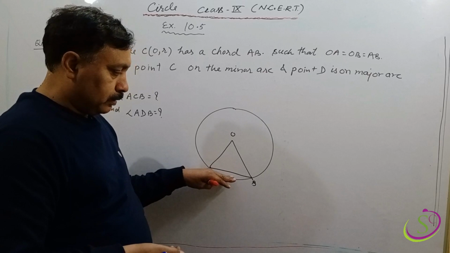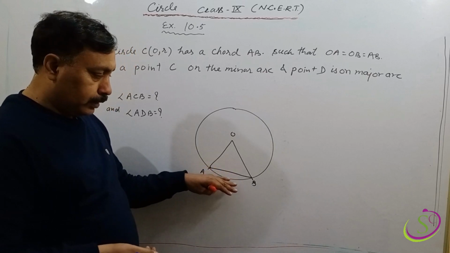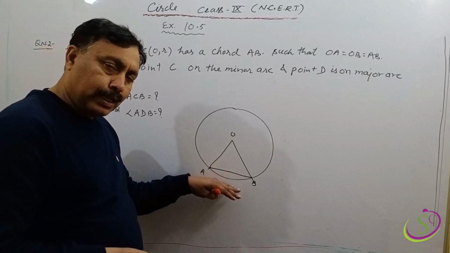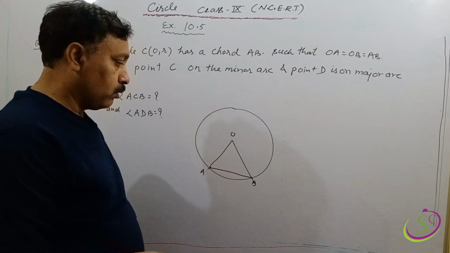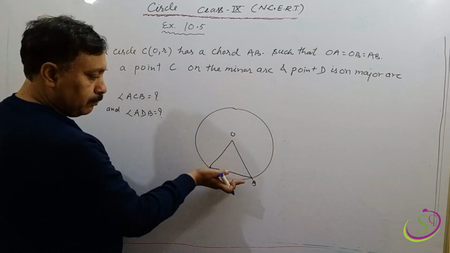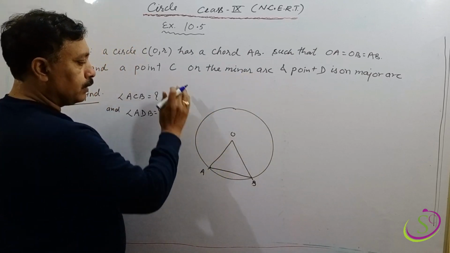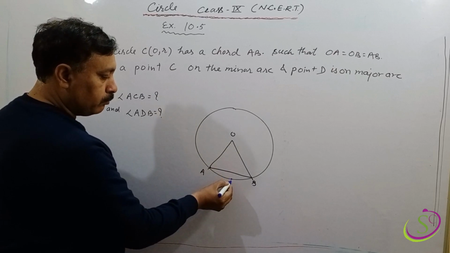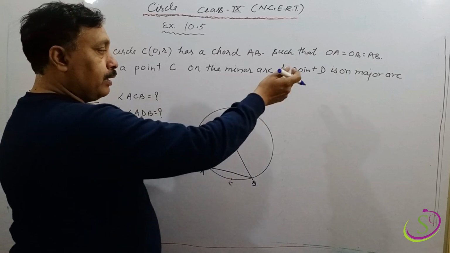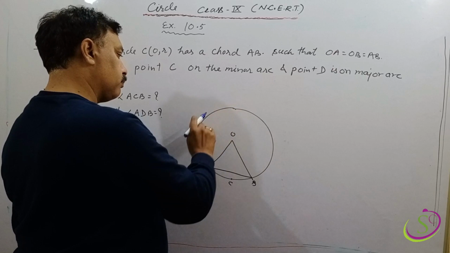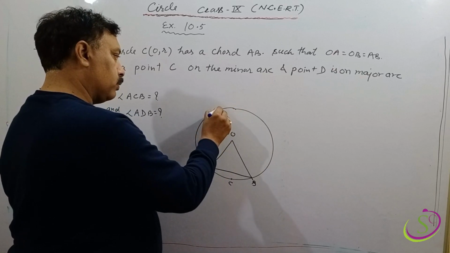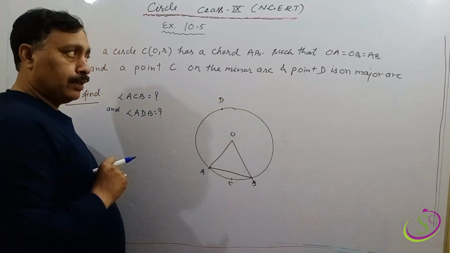The minor, means the smaller portion, is below AB. So the minor segment is this. So the minor arc means below AB, and point C is on this. Point C is this, and point D is anywhere, suppose D is this. Clear?